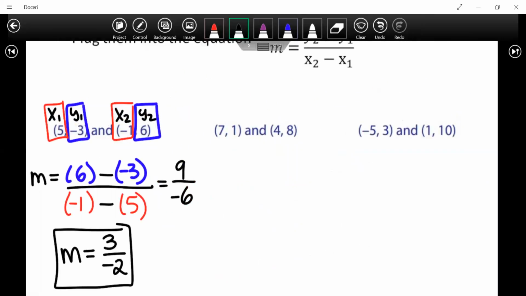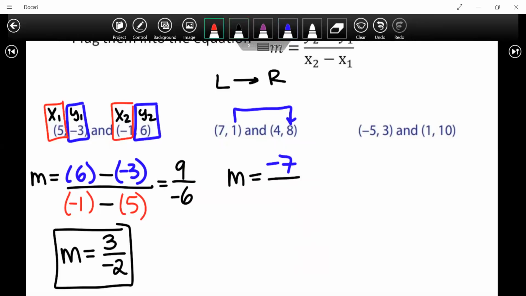Okay, I'm going to show you another way of doing it. I'm just going to write up above L to R. We're going to go left to right. So looking at your Y's here, what's 1 minus 8? -7.